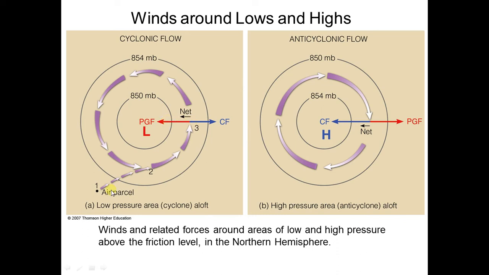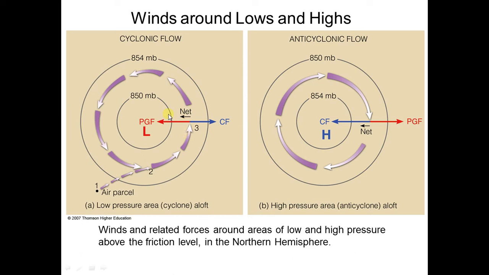And so what's going to happen is an air parcel here at this point will begin to travel inward toward the low. Now it won't travel directly inward because it's being deflected by Coriolis force, but you can work out the pressure gradient force and Coriolis force magnitudes and directions and find eventually the air parcel will begin moving parallel to the curved isobars.